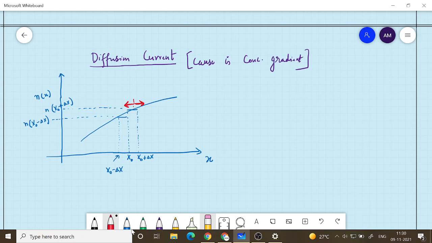Similarly, the electrons at location x0 minus delta x also have equal probability to move to the right and to the left. But since the concentration is different, there is going to be a net movement at the plane x0. What is moving to the left is larger than what is moving to the right if you consider the plane at x equals x0. Is that setting of the problem clear?